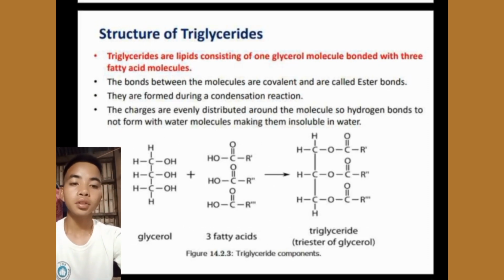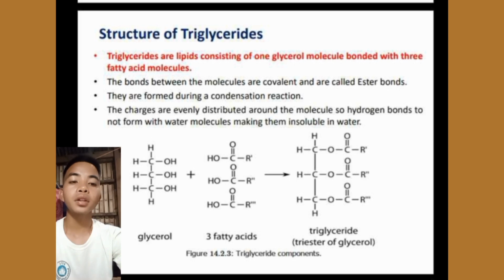Triglycerides. So triglycerides are a type of lipid, which are molecules found in living organisms. They are esters, which means they are formed from a reaction between an alcohol and a carboxylic acid.